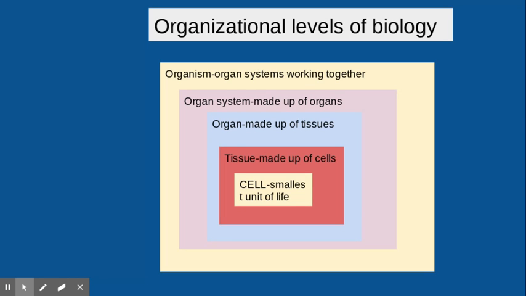Our heart, that includes our veins and our arteries. They all work together to perform a specific function, and that's to circulate blood throughout our bodies. So an organ system is made of organs. And when you have organ systems working together, they create an organism. So we've got cells, tissue, organ system, organism.